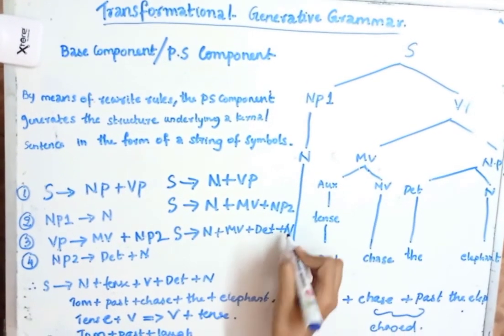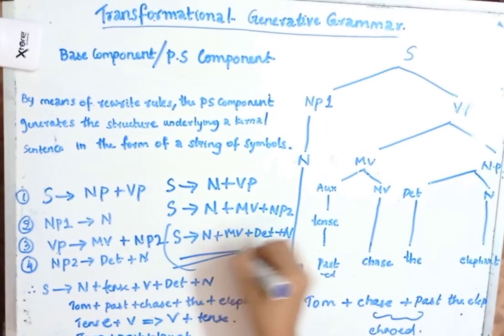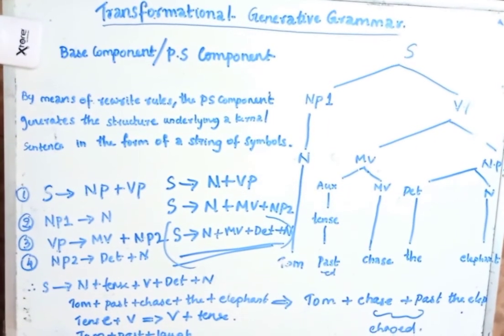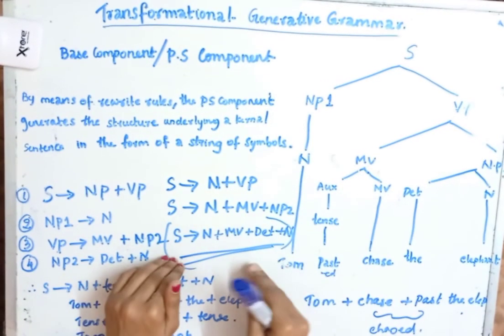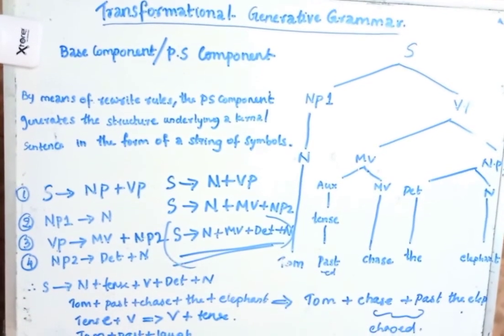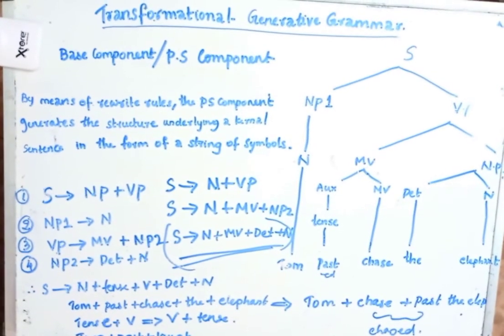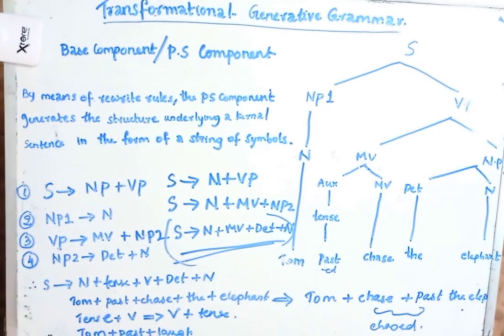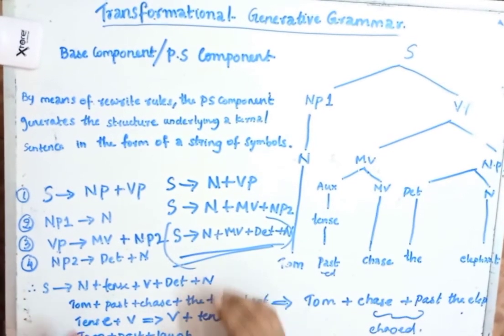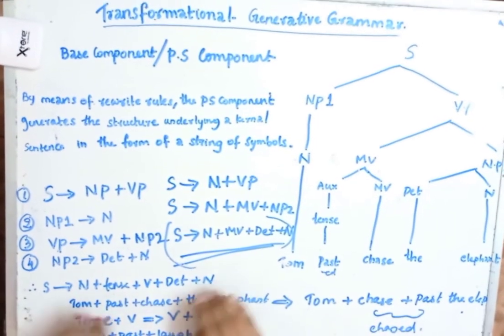Now this is the rule that is given in your textbook, right? This is the terminal string, the PS output which is given in the textbook. I have written it like this because I think it is more grammatically significant. So this is the terminal string that we would get if we apply all the rules.